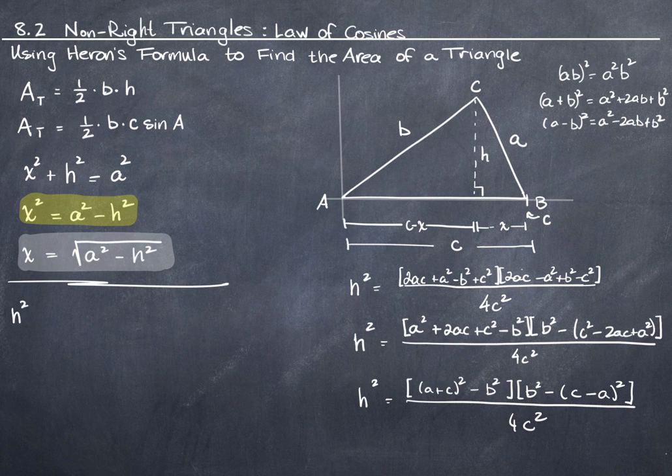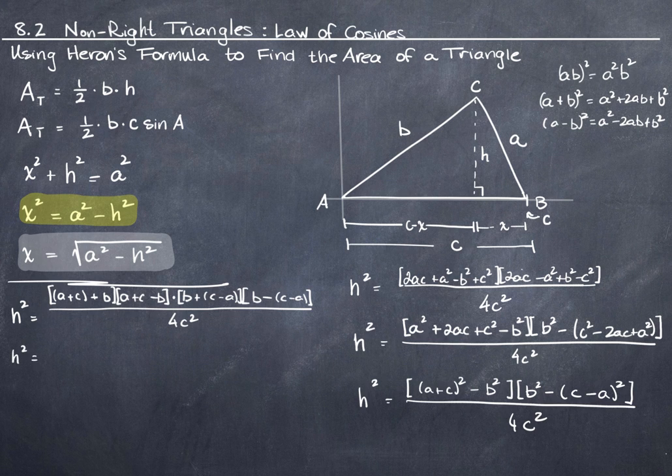I have h squared equals (a plus b) times (a plus c minus b), and that is all times another difference of squares, (b plus c minus a) times (b minus c plus a). So again, that's just a different way to write that numerator.